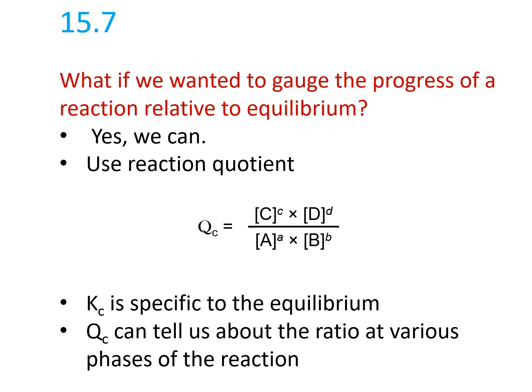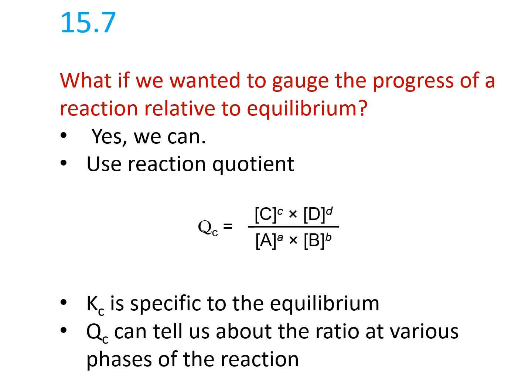So we might be taking our Q at the moment that we drop in our reactants together and they start the process. In that case, we would actually have a lot more reactants than products, and we would come up with one value. If we waited several minutes, we might be in the phase of this reaction where most of the reactants have moved into products and are now starting to reverse and go back into reactants. But in that moment, we actually have more product than we have reactant.